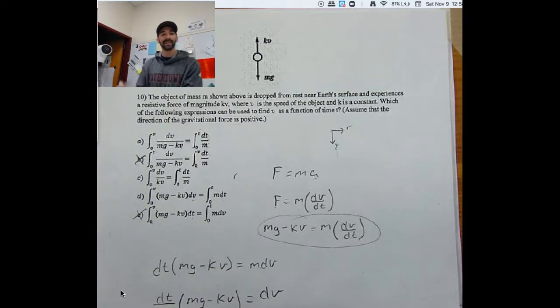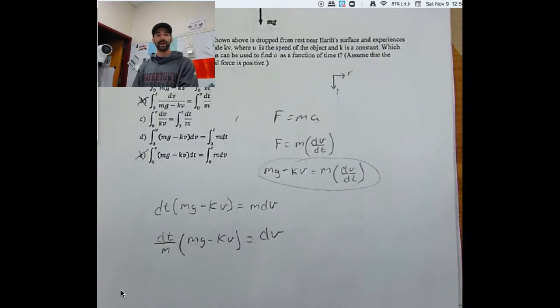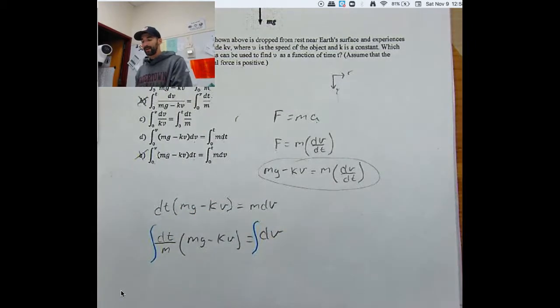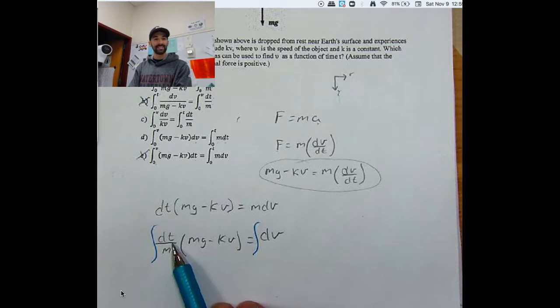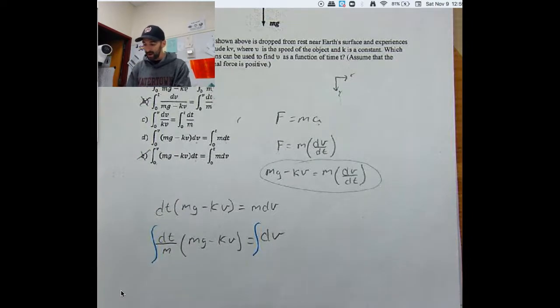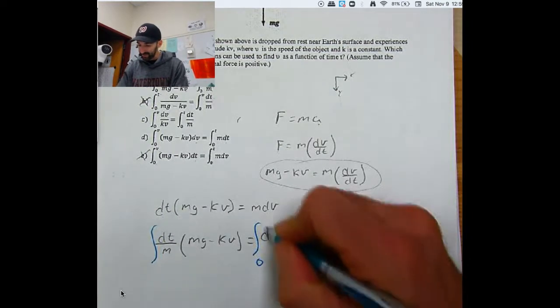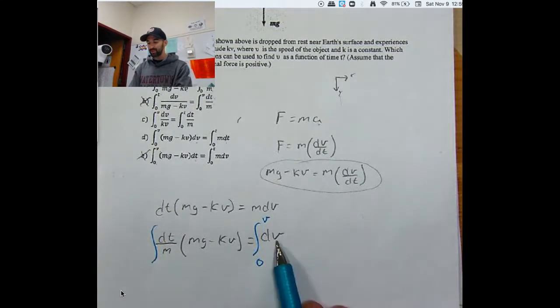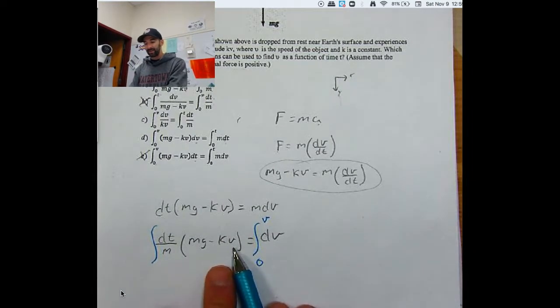Now, at this point, if I want to throw in my antiderivatives, which I can do, if I have my dt here and a v, well, that doesn't play well together. Here I have a dv, so I know this side I'm going to integrate from 0 to v, because I'm summing up all of the parts with respect to v, which means I want to collect all of my terms that have v's in them. That's this guy right here.